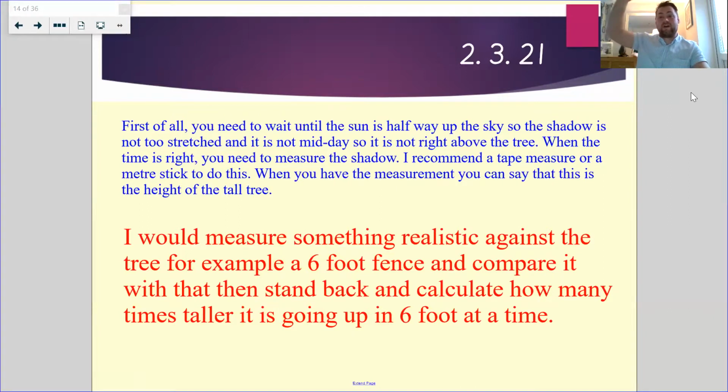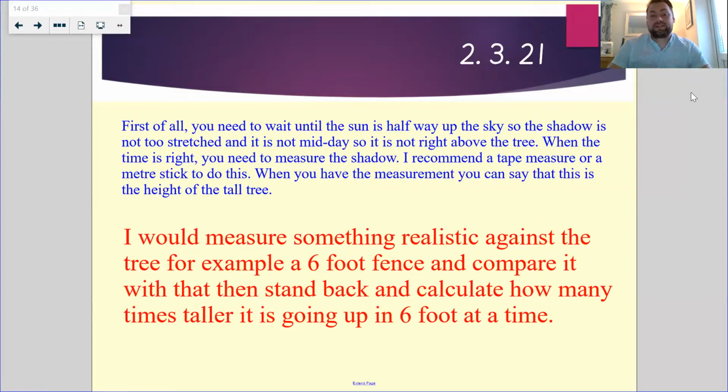If the sun's too high and shining down, your shadow may become very small, or depending where the object is, it may make your shadow really big. So try to do it earlier in the morning and see when the right time is. You need to measure the shadow. You could use a tape measure or a meter stick or whatever you've got to measure it. And when you have that measurement, you can say that that's an estimate of the size of the tree.